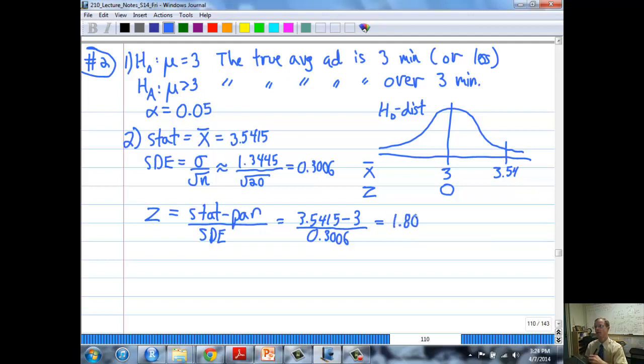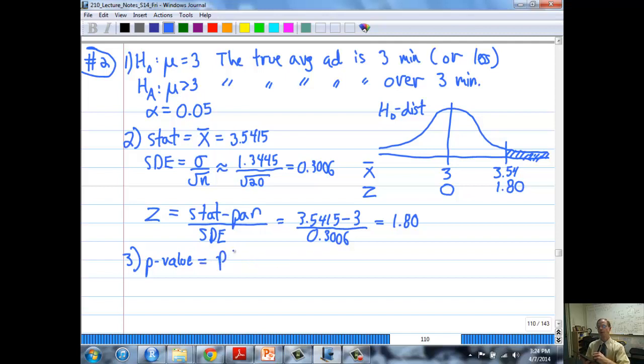Pretty friendly numbers. So the p-value then is step 3, and that 1.8 goes right here. The p-value is the probability that I get this extreme of a result or worse. Or worse means shade into that part of the tail. And so the p-value, by definition, you can look this up on page 113.